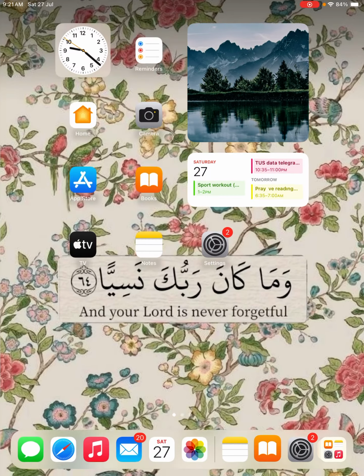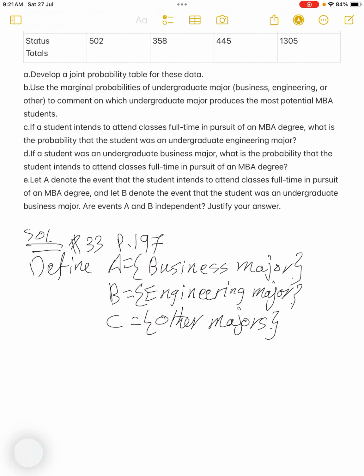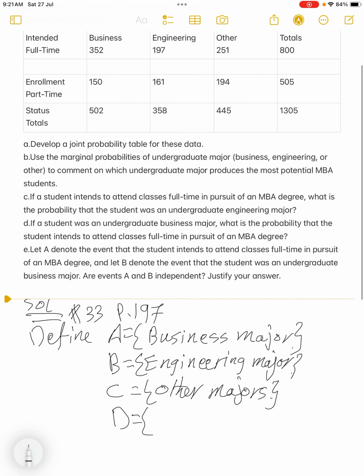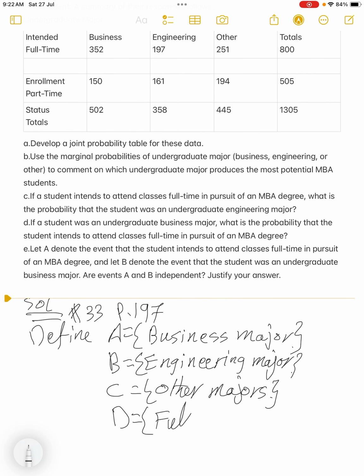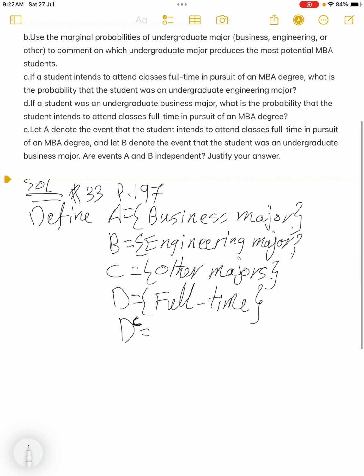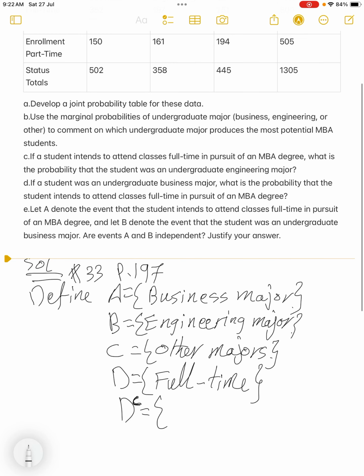Define D as full-time, and D complement as part-time.